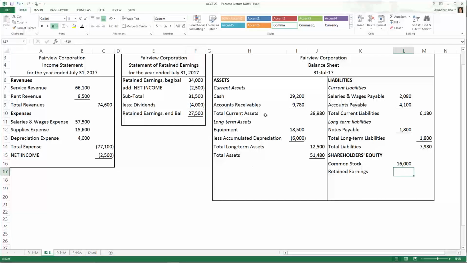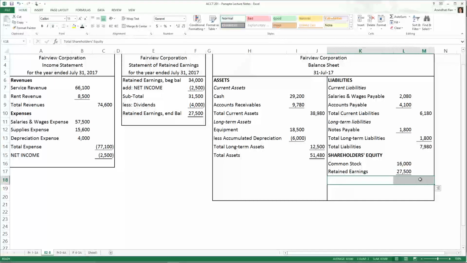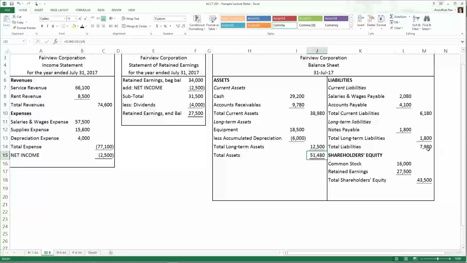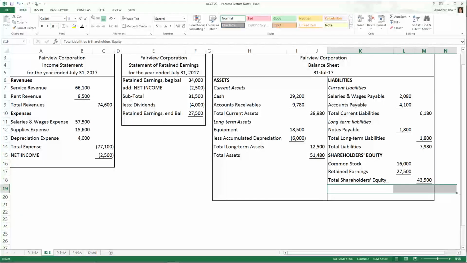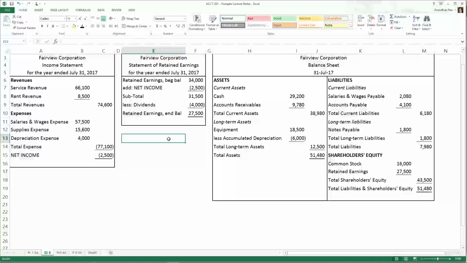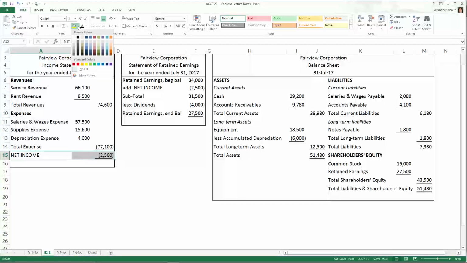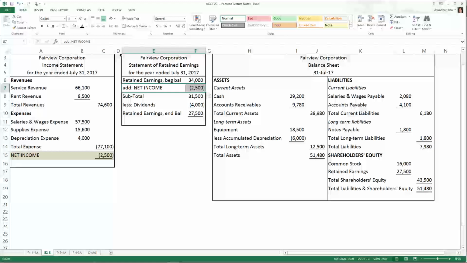That number is brought over here to give me total shareholders' equity of $43,500. Now, if you recall, your total assets have to be equal to total liabilities plus total shareholders' equity. And so we will check our numbers, and yes, they do work out. So once again, recall, your net income number is brought in over here.